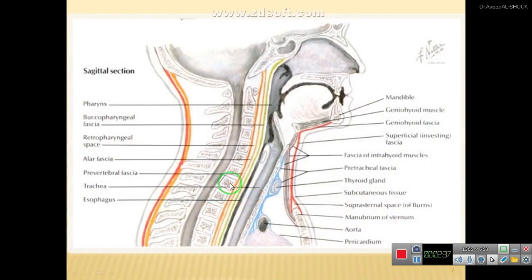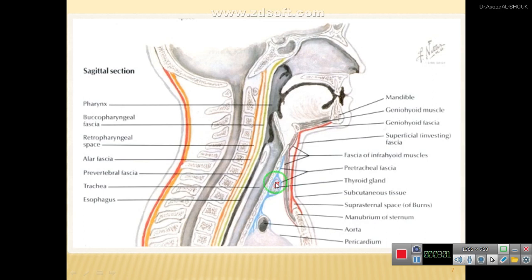Here in this sagittal section you can see the red line, which is the investing layer of the neck. Deep to it we have muscles which lie in front, and here the blue color is the pretracheal fascia.